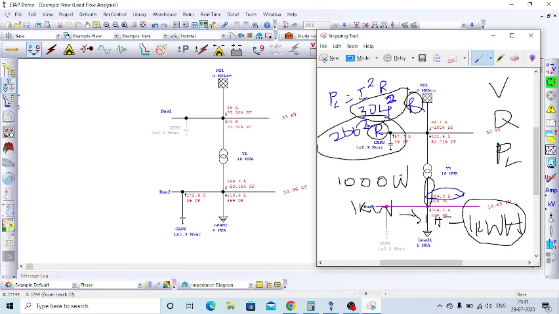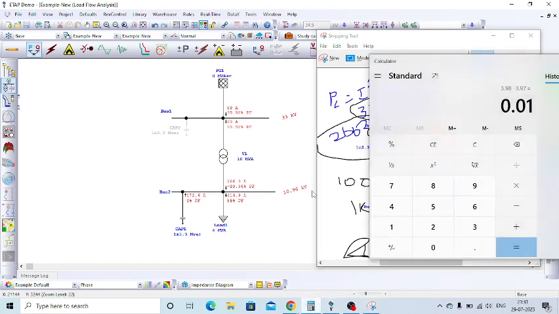When the plant is operating for 1 day, the loss will be 24 kilowatt hour, that is 24 units. For the case of 1 year, it is 24 multiplied by 365.